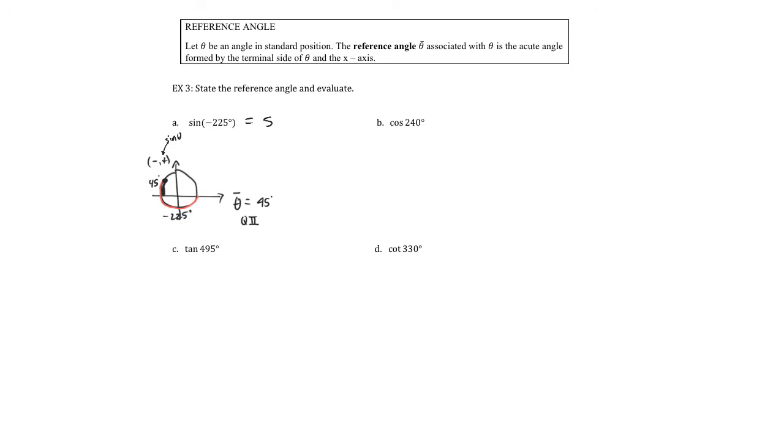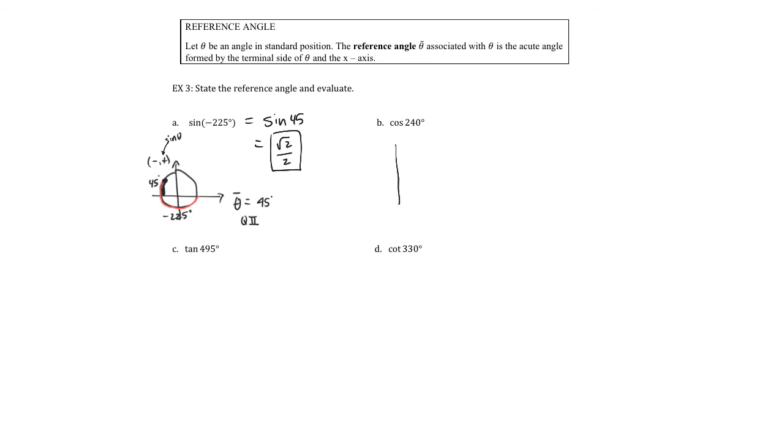So our problem simplifies down to, it's the same as thinking about sine of the reference angle, and we know that it's going to be positive because we're in quadrant 2, and we're dealing with sine, which is the y. Okay, so then you just pull out your unit circle. If you don't remember this one, it is square root of 2 over 2.